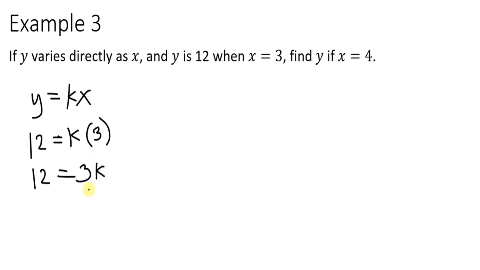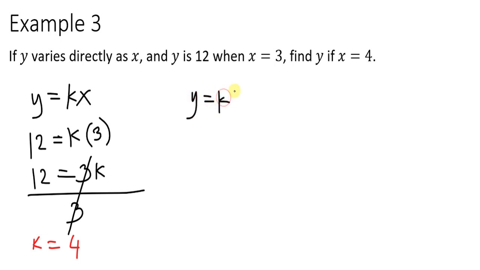Okay, so para makuha natin yung value ng k, divide both sides by 3. So, makakancel na yan. So, k is equal to 12 divided by 3, that is 4. Yung value ng k ay 4. Okay, then next, sabi, find y if x is equal to 4. So that is y is equal to k times 4.